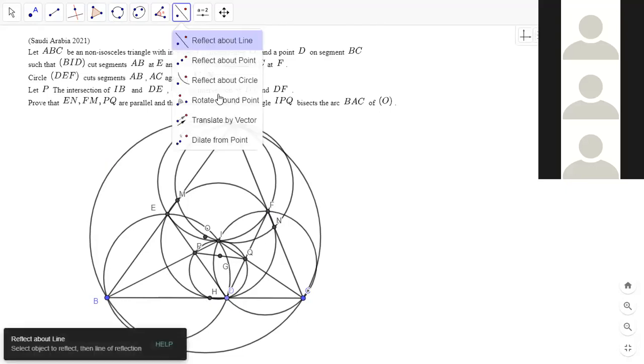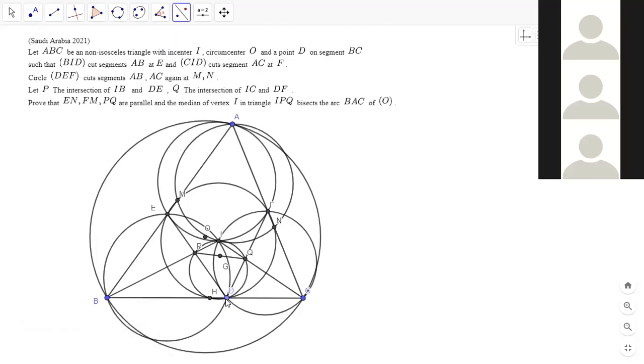Hold on. So basically, if I reflect D over CI, and then if I reflect H over CI, I would get F. Yeah.